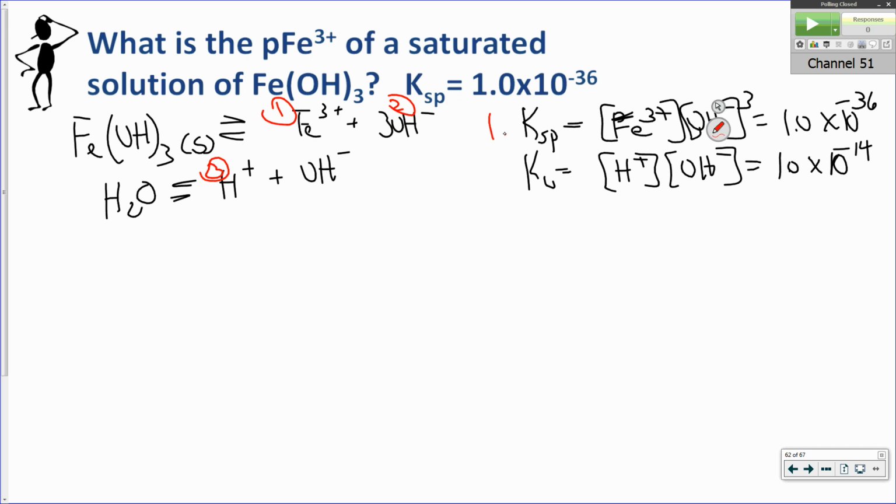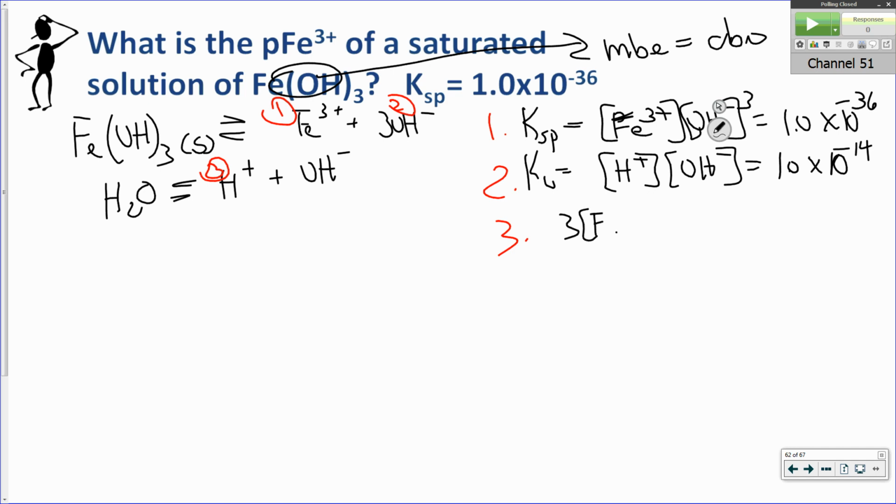I've got 2 equations, so I need a third equation. That third equation is going to be my charge balance, which equals the mass balance equation. This is still a metal hydroxide, so for metal hydroxides, mass balance equals the charge balance. So that's going to be 3 times the concentration of the iron 3 plus the H plus yields the OH minus.